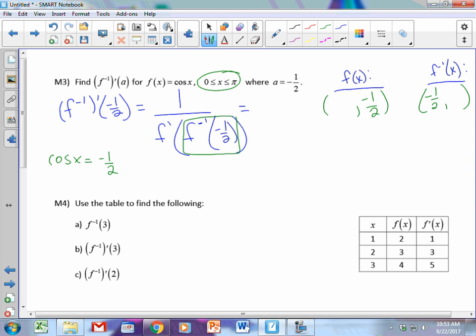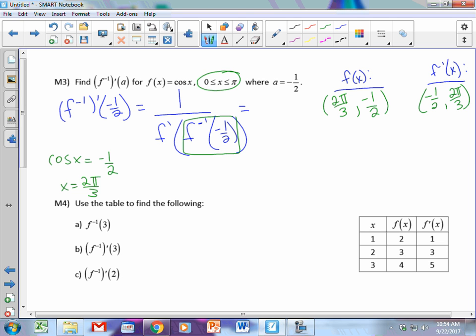We can only be between 0 and pi, so it needs to be over in the second quadrant. It's 2 pi thirds. Very good. So that happens at 2 pi thirds. Everybody with me? So 2 pi thirds is the x value on the function, which means it's the y value on the inverse.